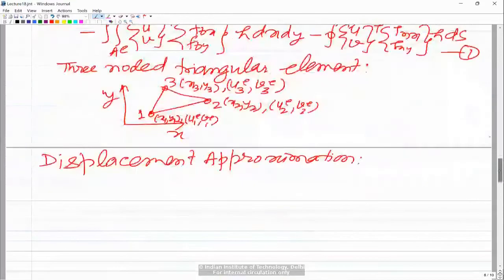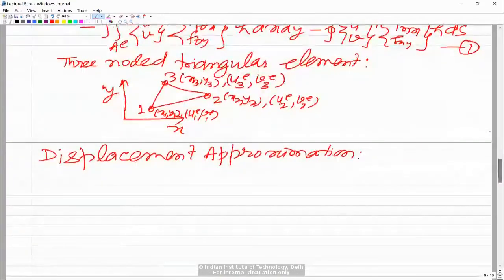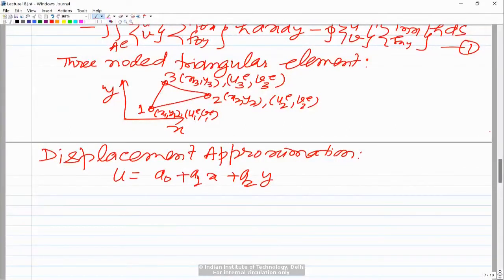That means we can take a linear polynomial in x and y, but it should be a complete polynomial. So we can take u equal to a0 plus a1x plus a2y. This is differentiable once with respect to x, and once with respect to y. It's a complete polynomial. It is geometrically invariant because if we interchange x and y, the form doesn't change.